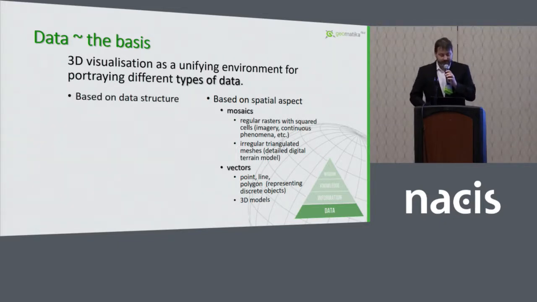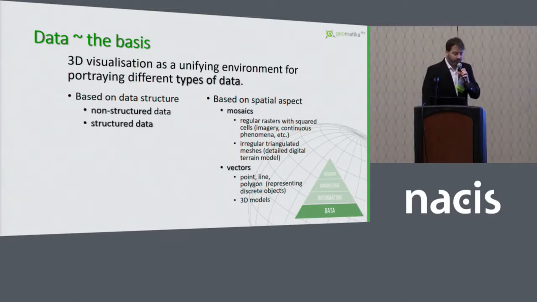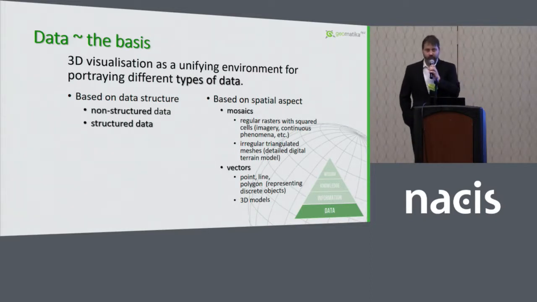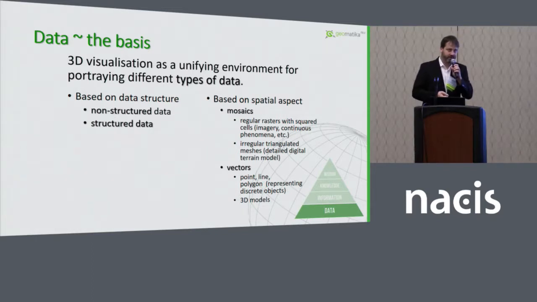What we face in these years is that we were all used to having well-structured data. But what is now going on is that you have a lot of non-structured data all around the internet, and you need to somehow understand them if you want to visualize them.